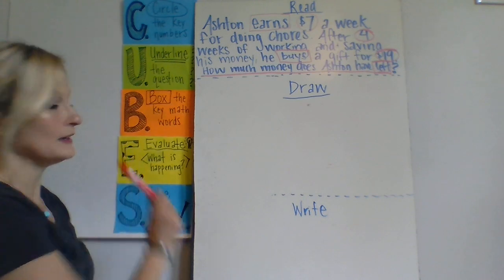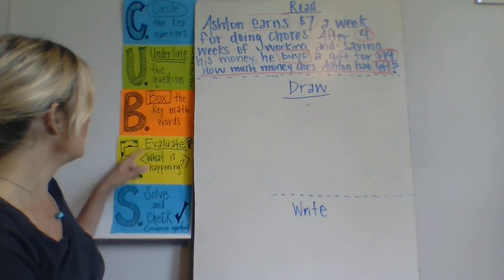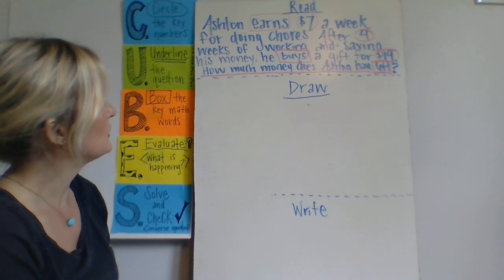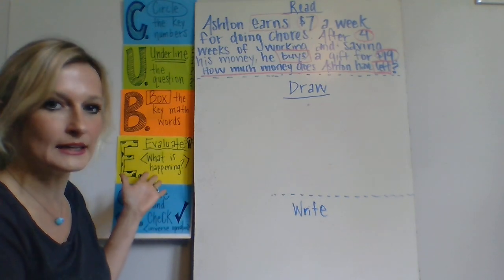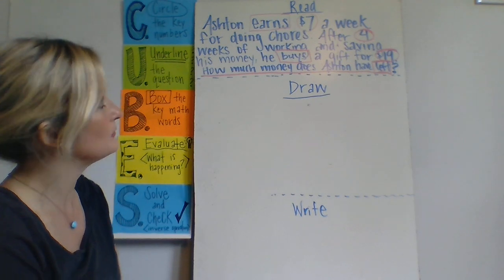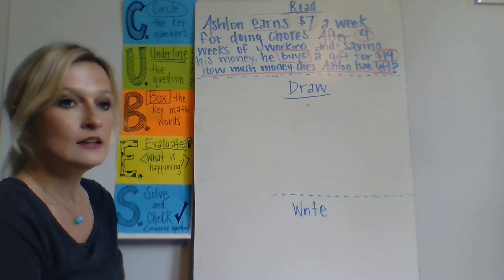Next, E, we need to evaluate the problem. So we're going to go back to our boxed words, and figure out what is happening in this word problem. Well, Ashton is earning money. That means he's earning money weekly.